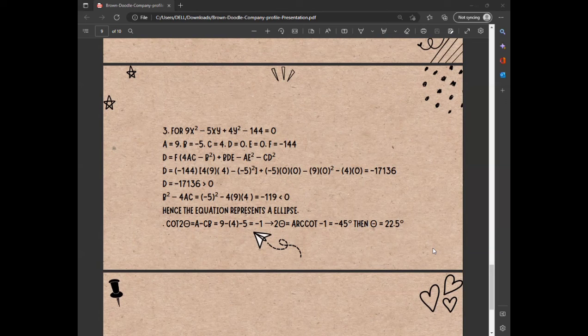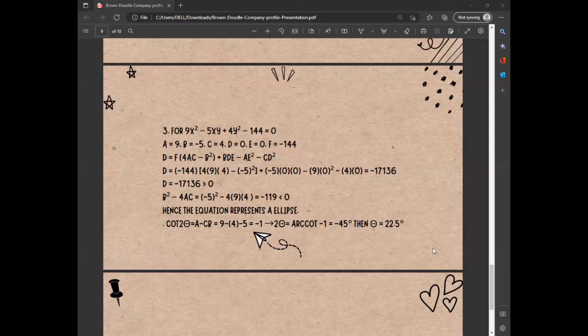Substitution, D is equal to negative 144 times 4 times 9 times 4 times negative 5 squared times positive negative 5 times 0 times 0 times negative 9 times 0 squared times negative 4 times 0 is equal to negative 17,136. So, ito is less than 0.